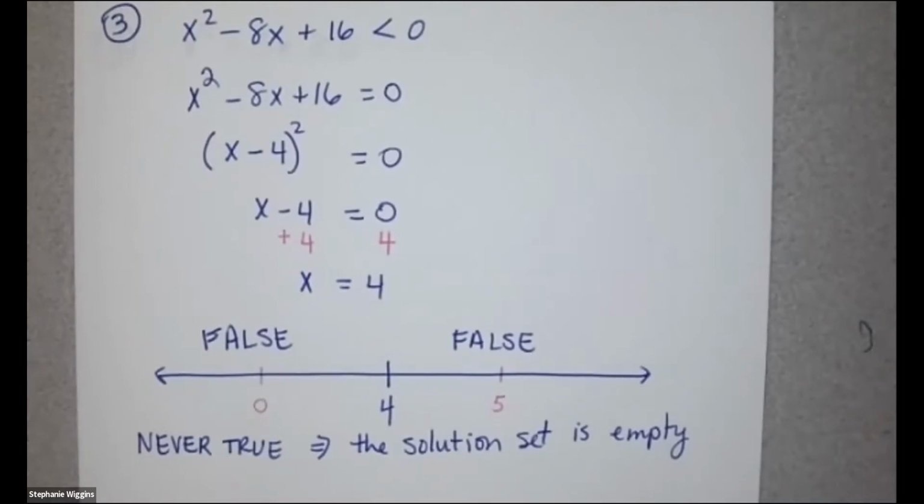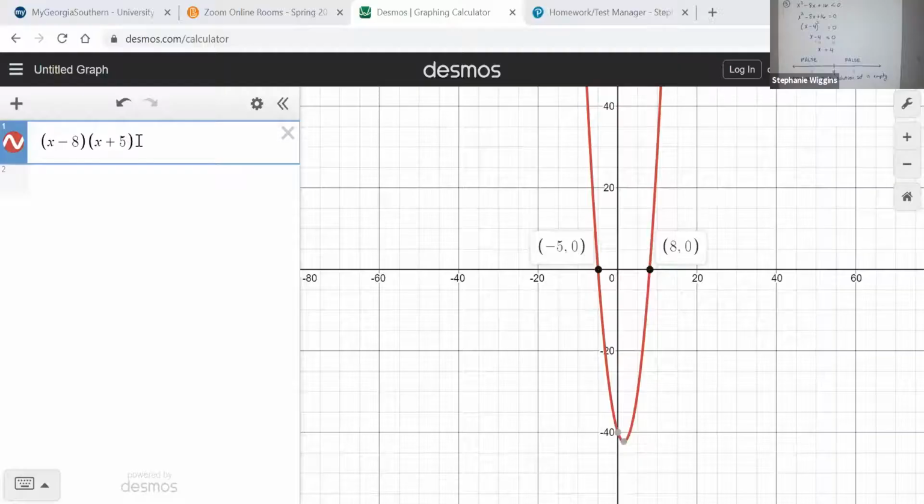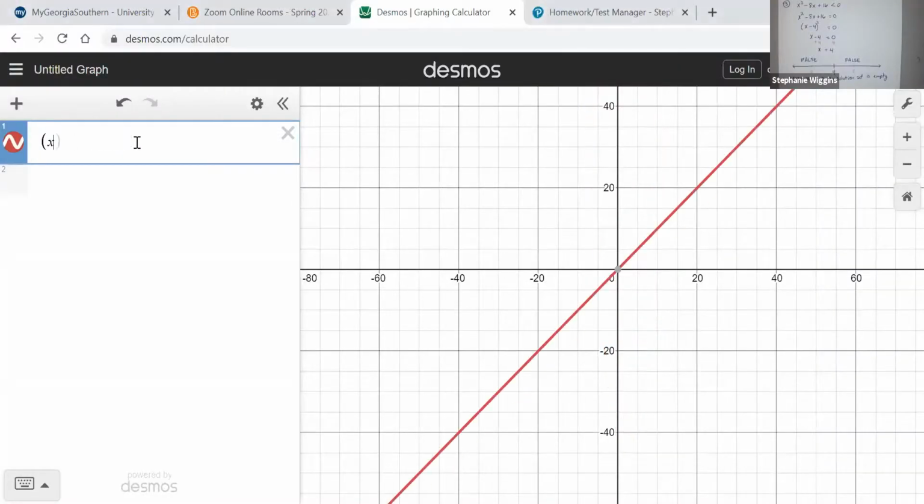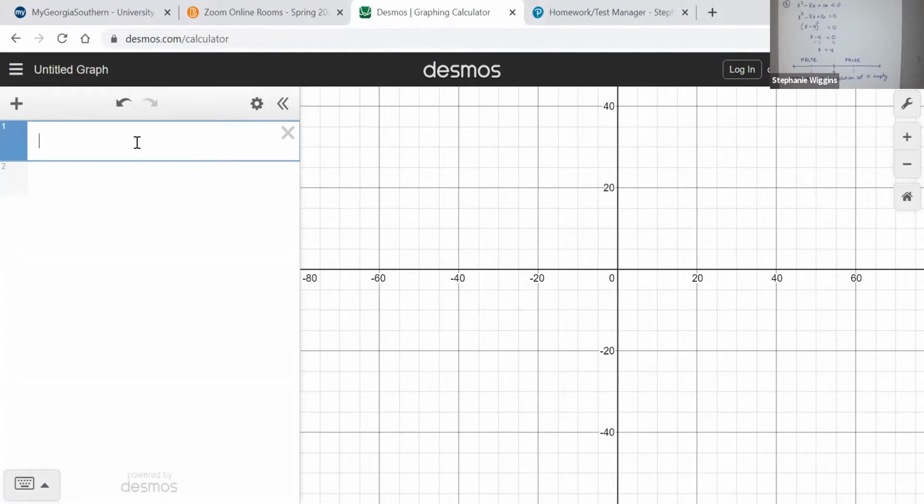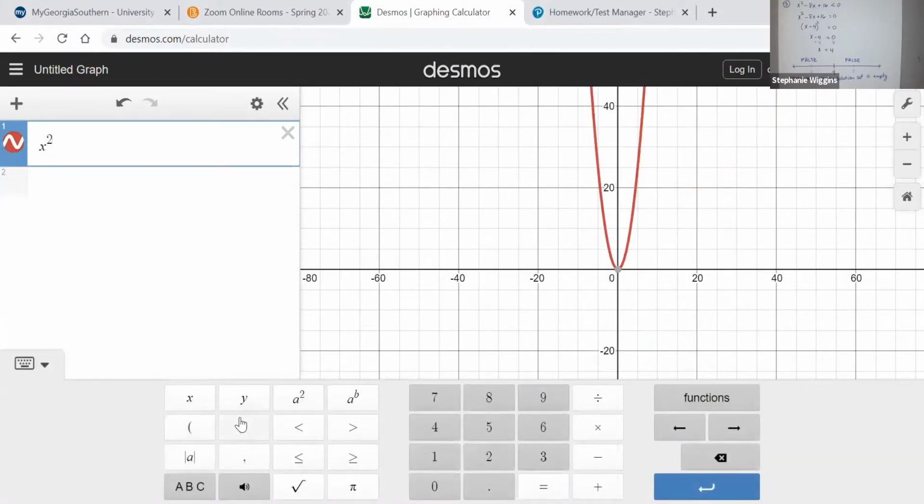Well, let's just graph it real quick so you can see. We have x squared minus 8x plus 16. And the question is, when is it less than 0?